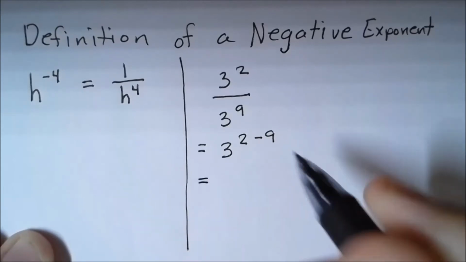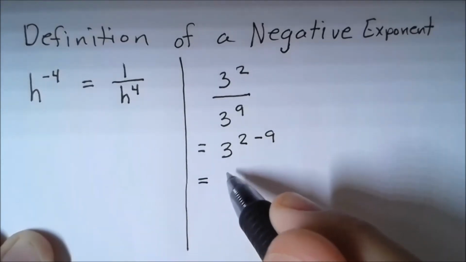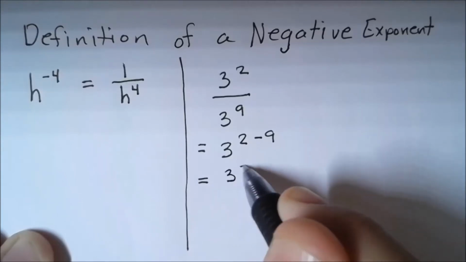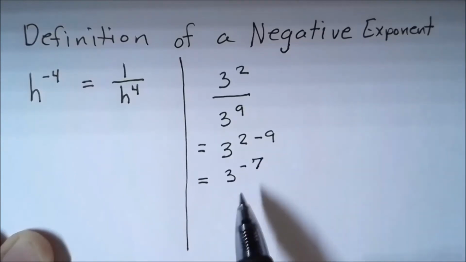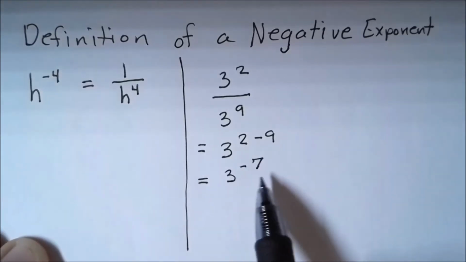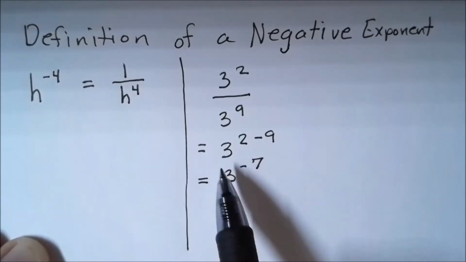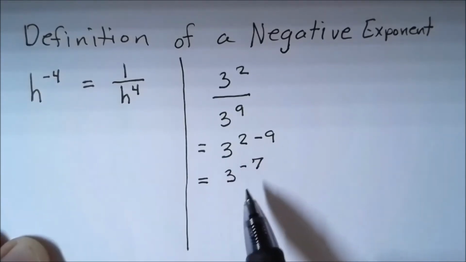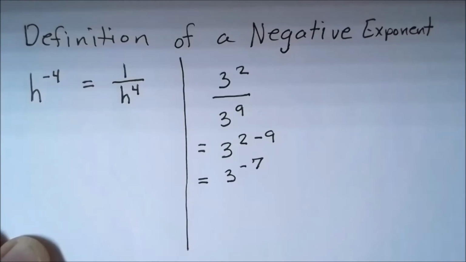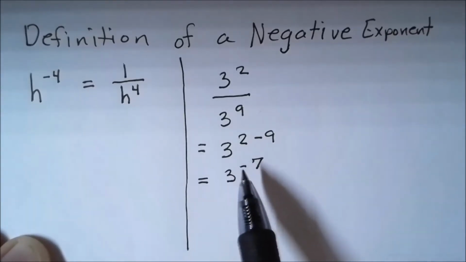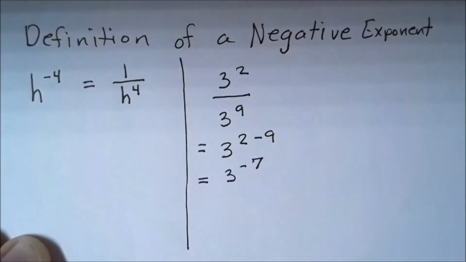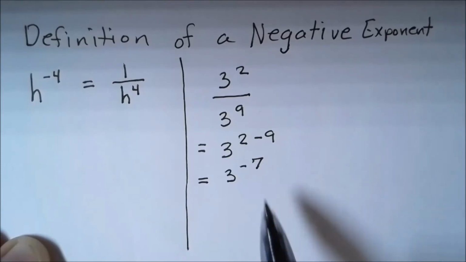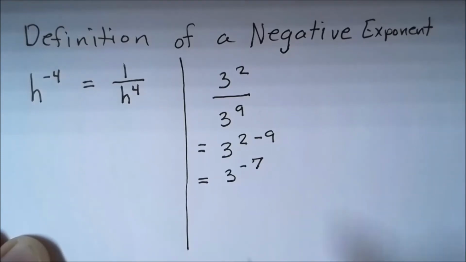When I get done, we know 2 minus 9 is going to give me 3 to the power of negative 7. Well, now this can't be a final answer. Sometimes they'll let you pick this as a final answer when they're testing you, and you'll get it wrong because you have to have it as a positive value. So this is where we need to take the definition of a negative exponent into account. We need to make this a positive exponent.